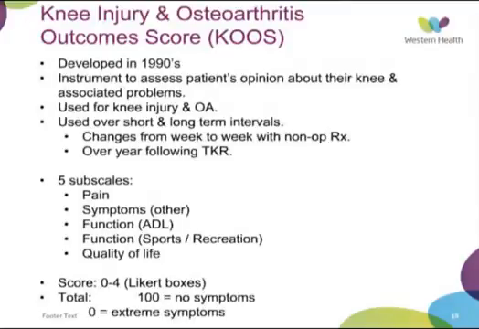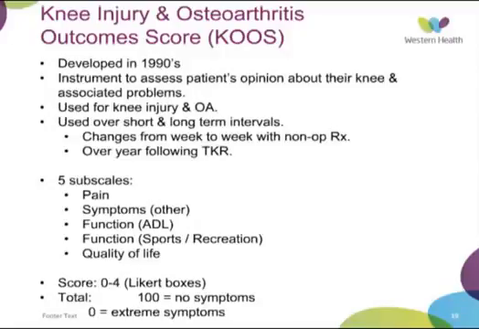Another one is the KOOS, the Knee injury and Osteoarthritis Outcome Score. That was developed in the 1990s, and that assesses the patient's opinion about their knee and any associated problems with their knee joint.